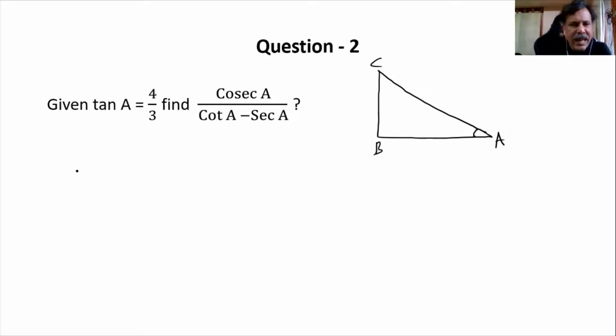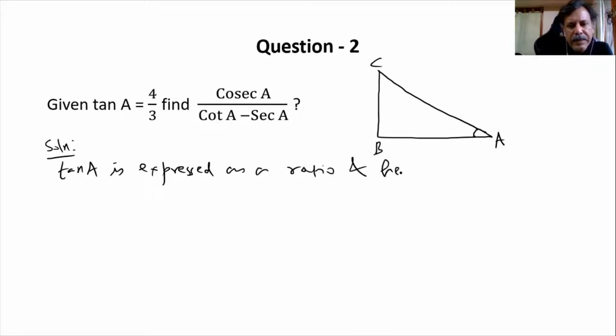So when they say tan A, they gave it as a ratio. Tan A is expressed as a ratio, and hence we can write tan A, which will be, we know TOA means it is opposite by adjacent, right?